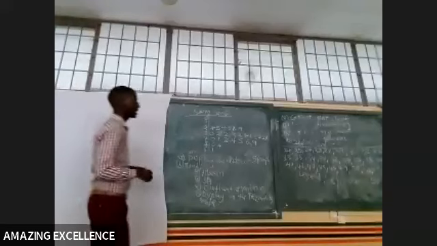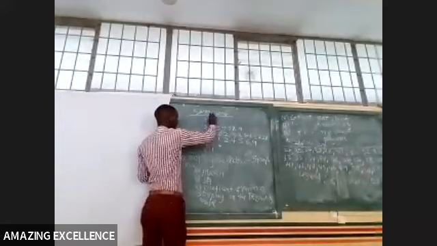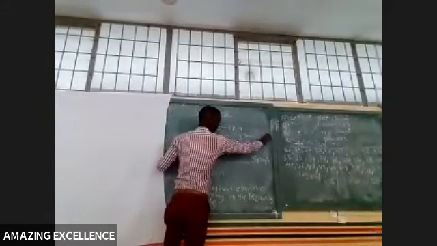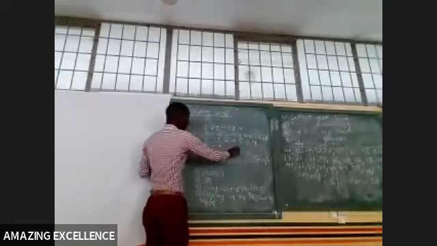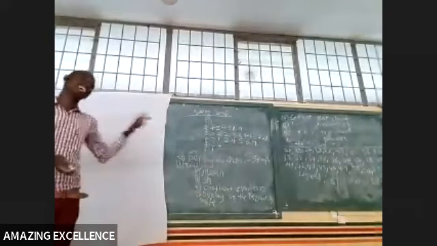Now look at the way this data is distributed. If you are to graph this, it will be like this. What kind of distribution is this? Is this symmetric or right skewed or left skewed?